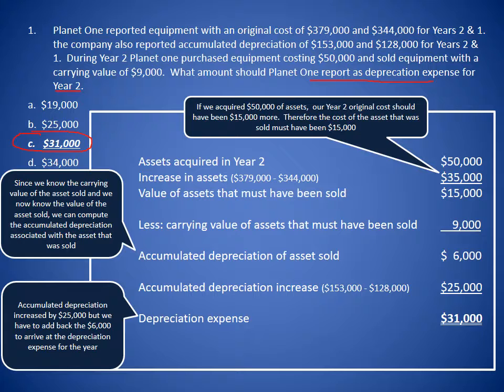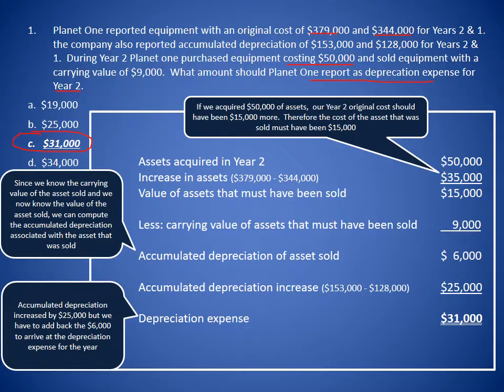So let's go back and take a look at what happened. Now, as the problem mentions, during year two, Planet One purchased equipment costing $50,000. That fact alone should indicate that I started out with $344,000 in year one, and the amount of asset cost increased to $379,000 in year two.